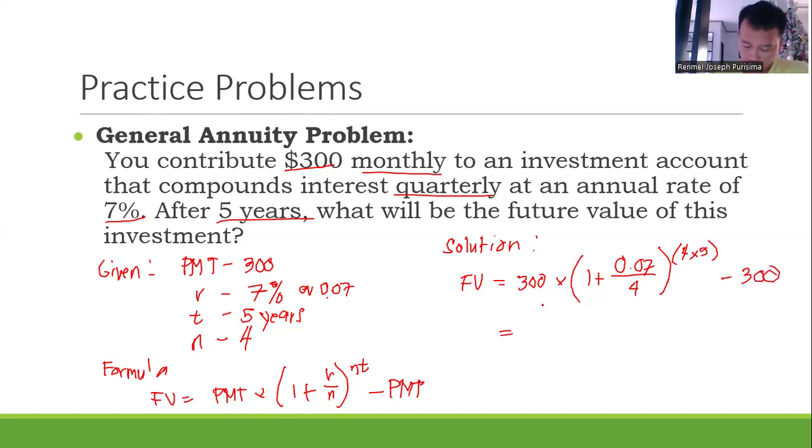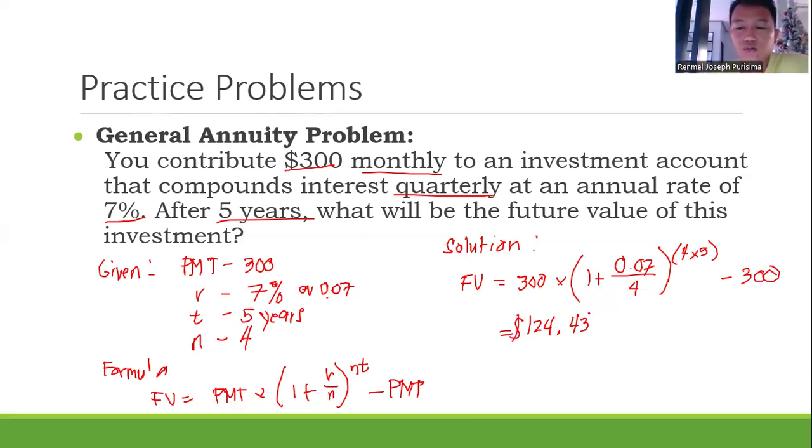Let's solve using a calculator. 0.07 divided by 4 plus 1, raised to 20, times 300, minus 300.